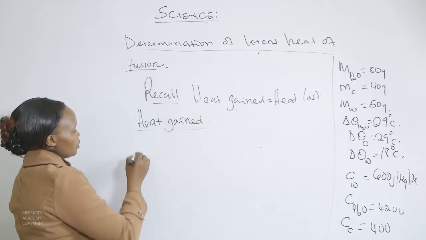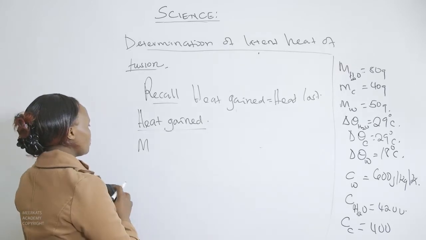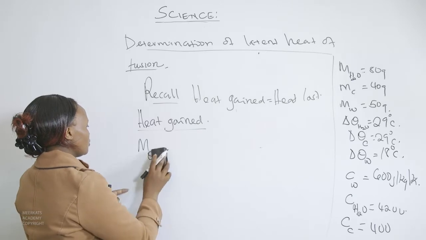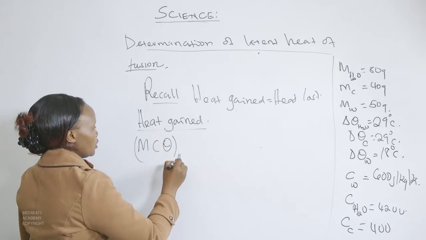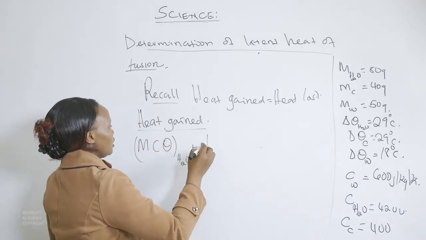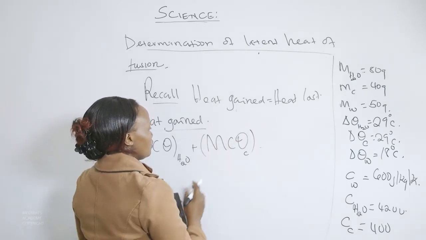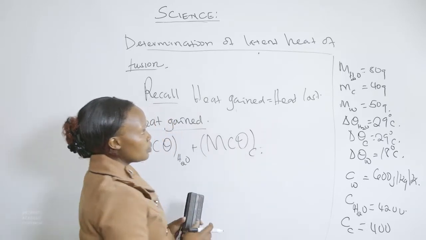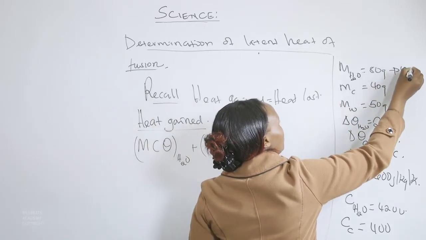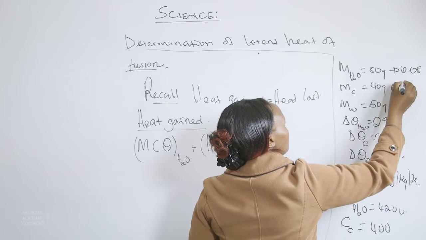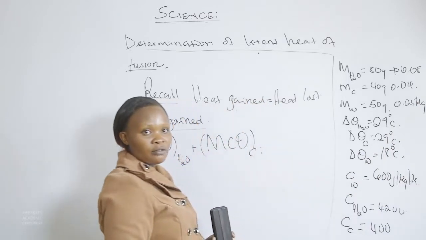This will involve computing the heat gained by water plus the heat gained by our calorimeter. We could change the masses to kilograms, so that now here we have 0.08, 0.04, and 0.05 kilograms respectively.